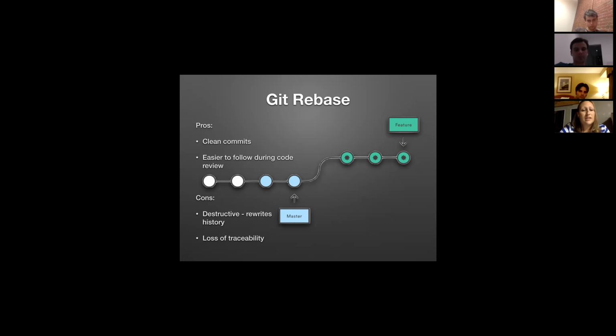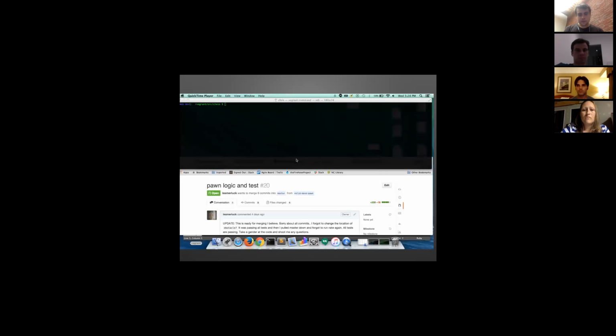The negative side is that it is destructive. It rewrites history, so you lose that traceability on your commits. It's not chronological, so it makes it difficult if you want a chronological order to your commits. All right.